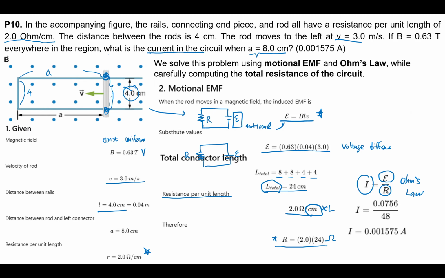So once again, it is a combination of motional EMF plus Ohm's law. But note that we did not use Faraday's law, because we assume the electromotive force is only on this rod, and then we have an equivalent circuit like this. That's the key point.